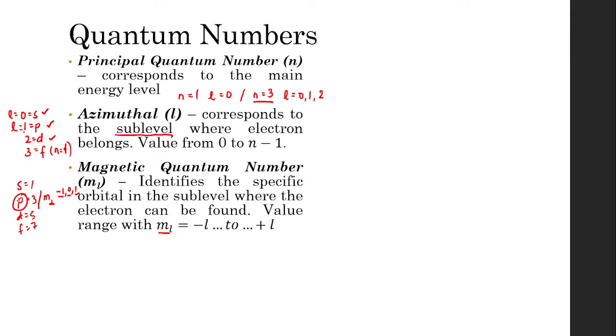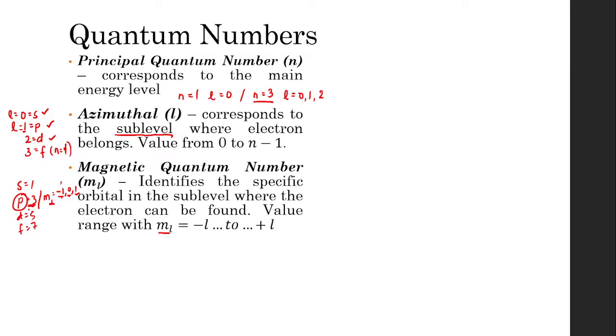So for sublevel P, the azimuthal, or angular momentum quantum number, is 1. So our M sub L can be negative 1, 0, and 1, which corresponds to the 3 orbitals that we can find in the P sublevel.